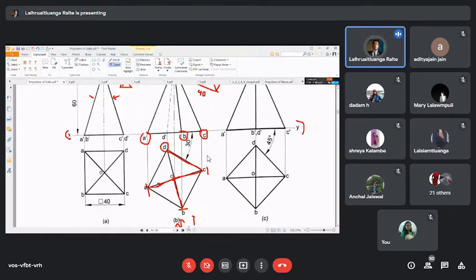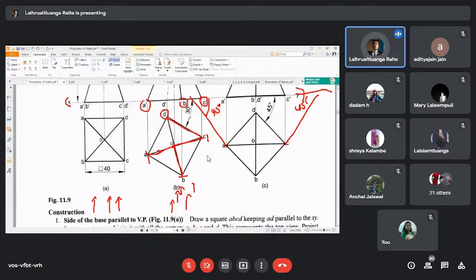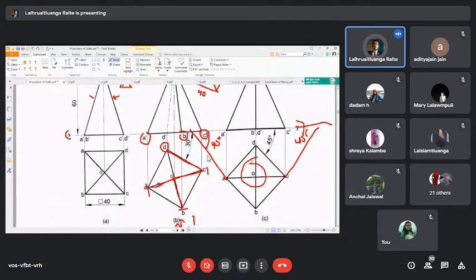Okay, so you may be confused if you join AB and meet the line XY, so this part will be 45 degree, and same goes for if you had joined BC and still it would make 45 degree. All right, so for AD and DC it is more or less obvious. So when it is inclined like this, we are having our top view like this oriented.